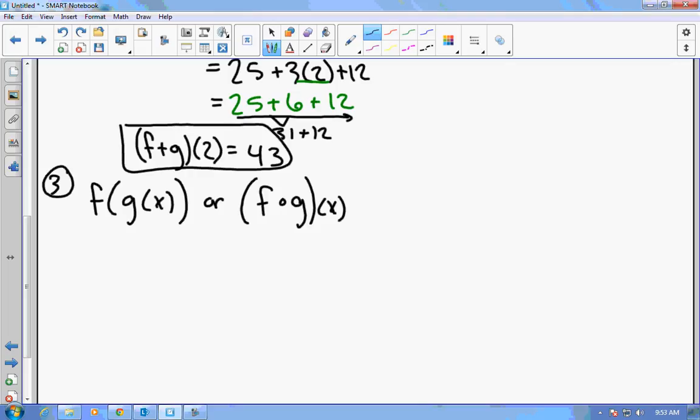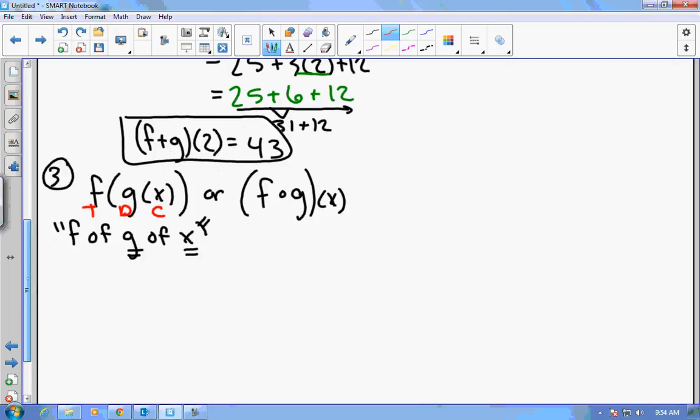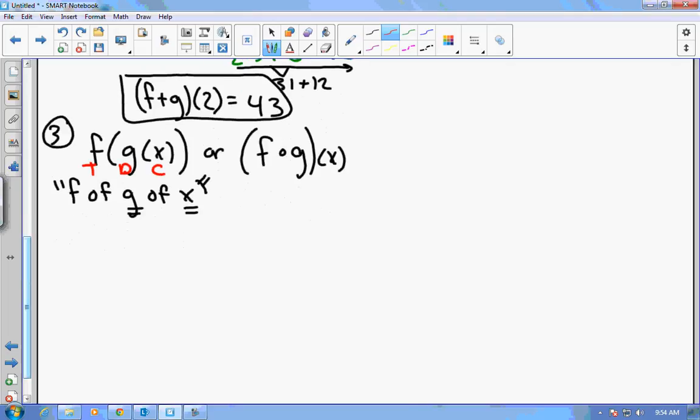F of G of X. So it means we're evaluating F by plugging in G by plugging in X. We're evaluating twice. Turkey, duck, chicken. Turkey's on the outside, the duck is stuffed inside the turkey, and the chicken is stuffed inside the duck.